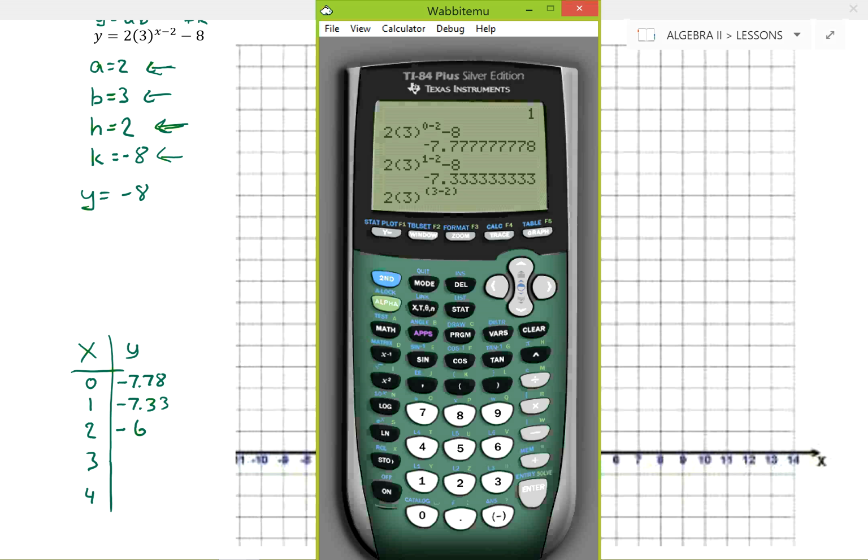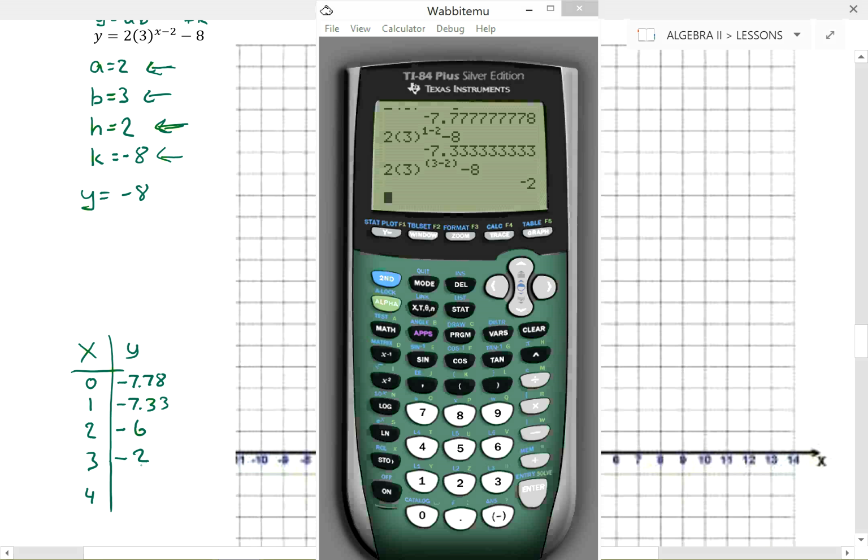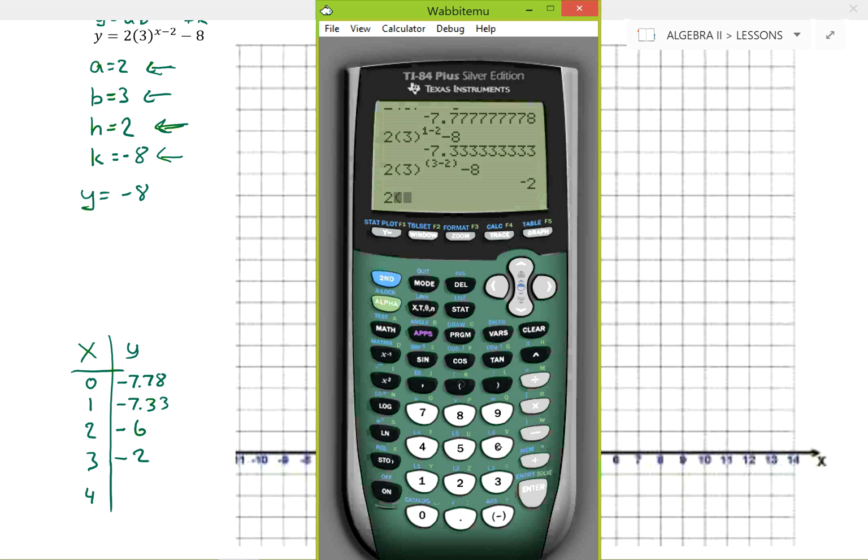Make sure, again, if you're using a TI-83 or any other scientific calculator, you're putting your exponent in parentheses. And minus 8. And there, I'm getting negative 2. And then let's plug in a 4. So that's 2 times 3 to the power of 4 minus 2, minus 8. And we're getting a 10.